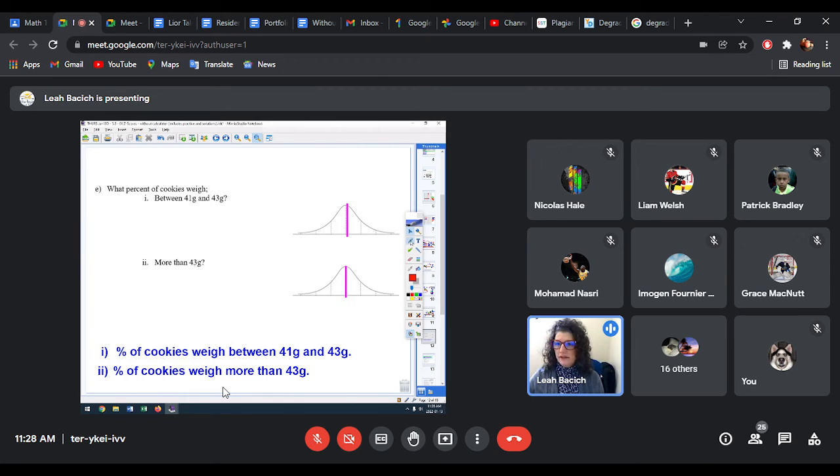If you know nothing else, you really need to be able to know at least where the mean is. That's important. Between 41 and 43 grams, I can probably get away with just labeling this side because if I'm adding, I'm going to be getting the weight of the cookies to be higher and more than 43.